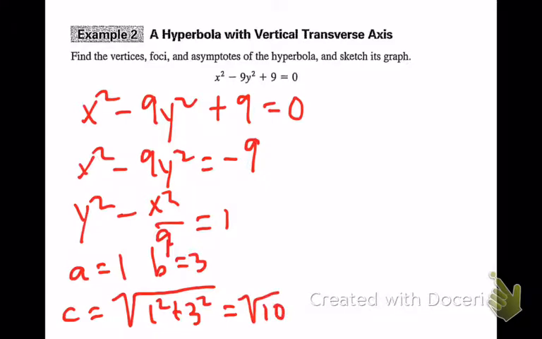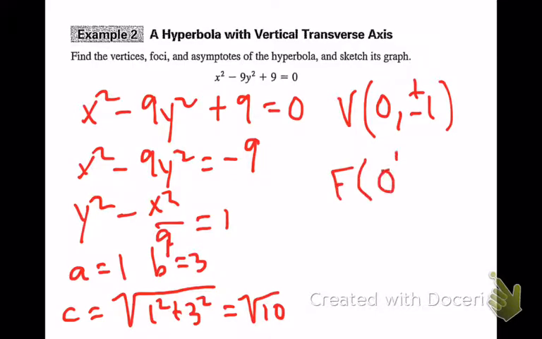So our vertices are at 0, positive and negative 1, and our foci are going to be at 0, positive and negative radical 10.